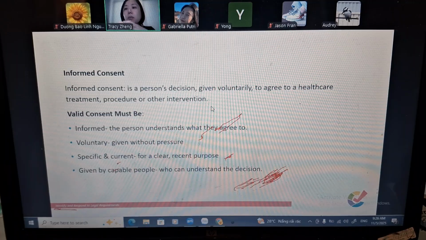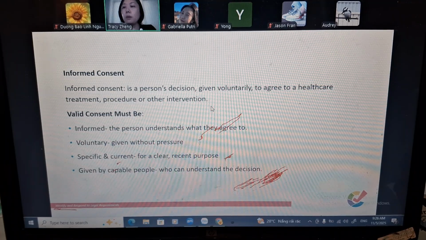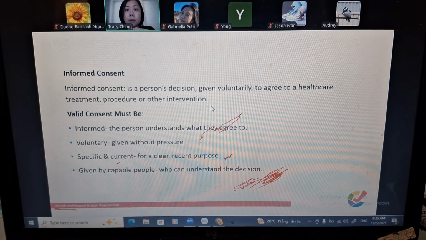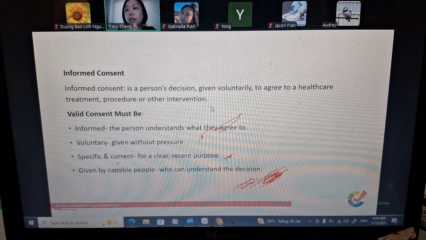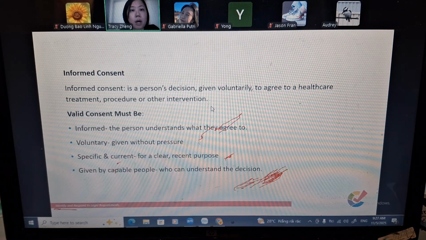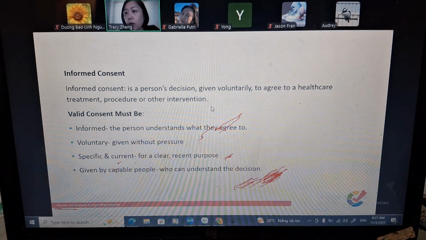But in most situations, we do need to provide some information to our clients to help them understand the whole circumstances and support them in making decisions. For example, like I mentioned, the doctor has prescribed a new medication to our client.